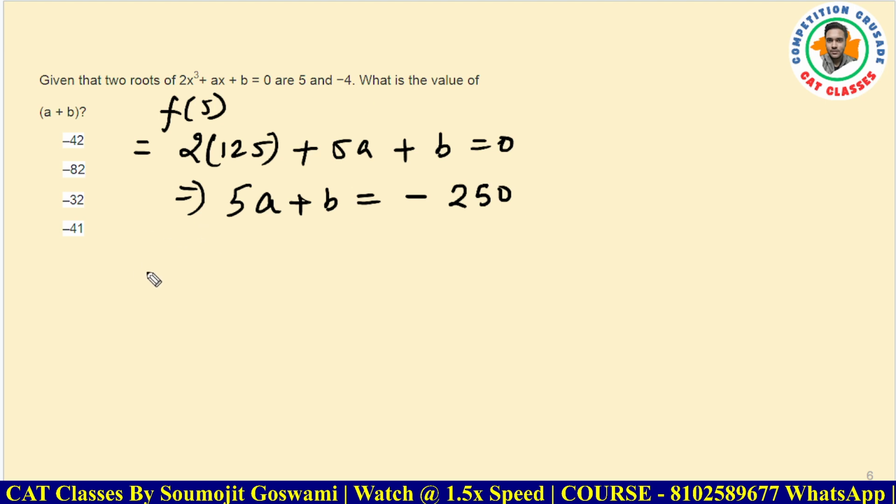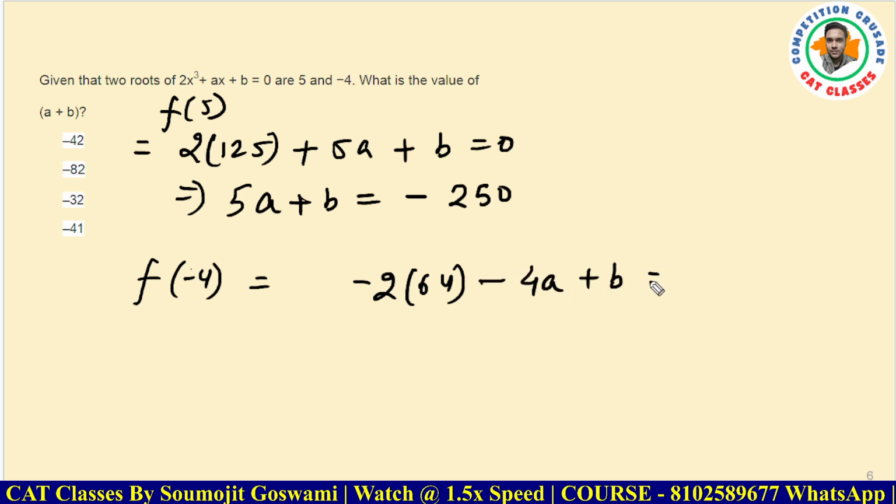We will do the same thing for f of minus 4. I will get minus 2 into 64. I am taking the minus outside. Minus 4a plus b, that is equal to 0.